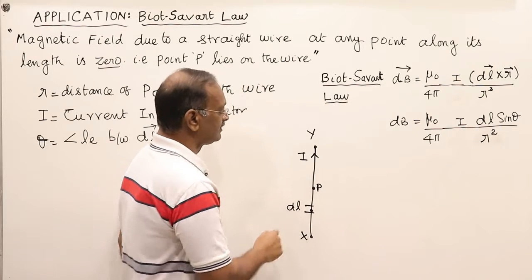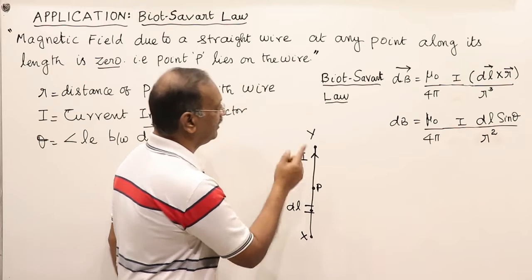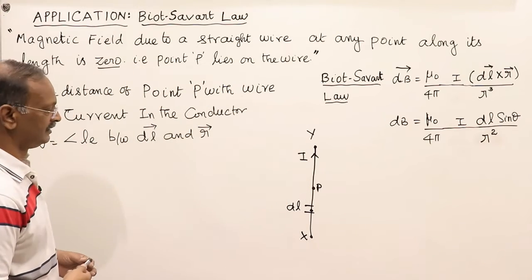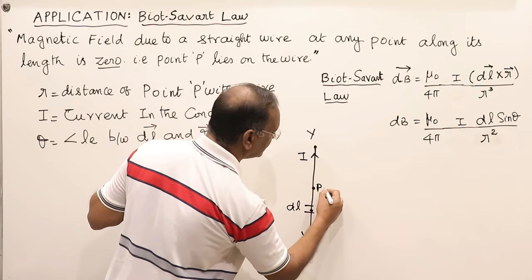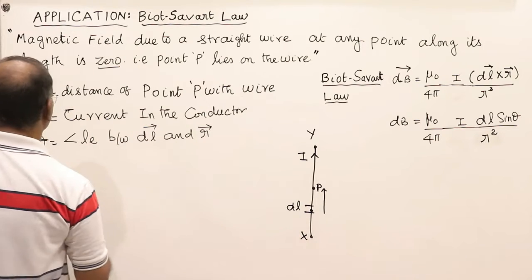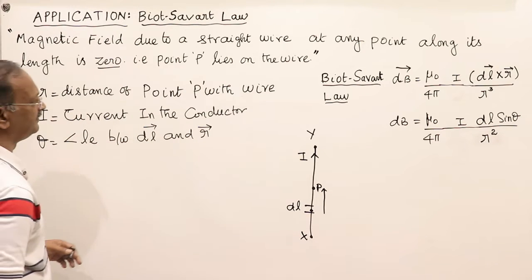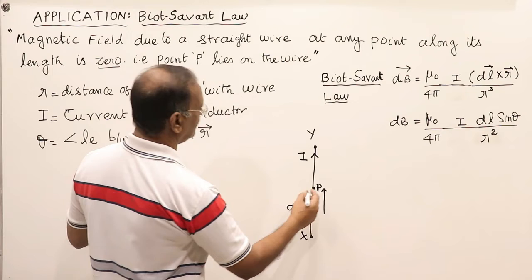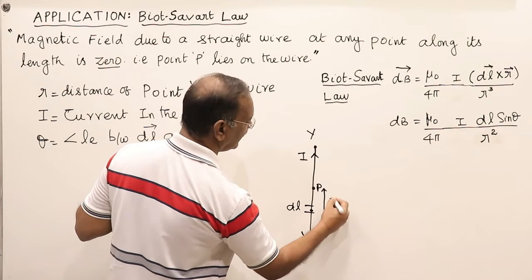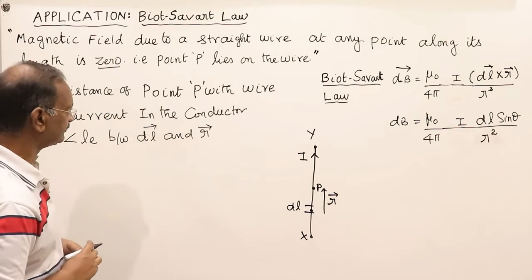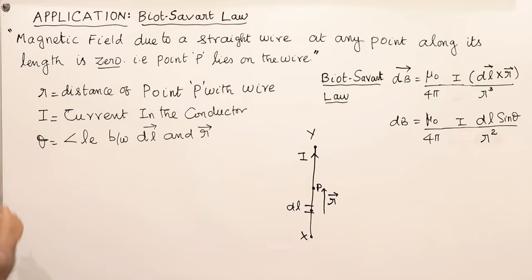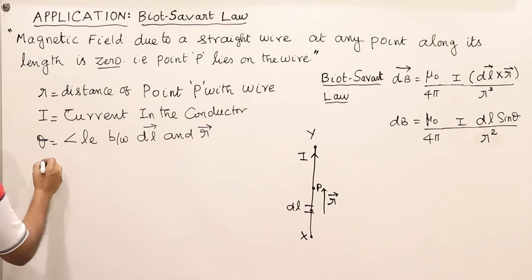Now we are interested in finding the field at a point P on the wire. So the distance between the current element dl and the point P is r, and we can write it in vector form. dl is also a vector. Why?